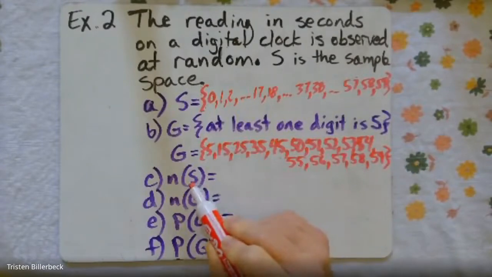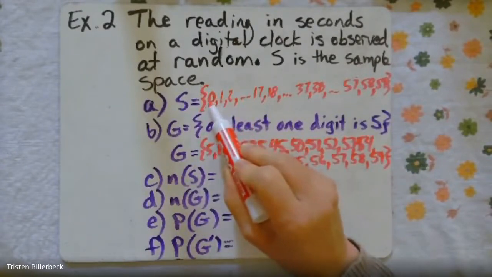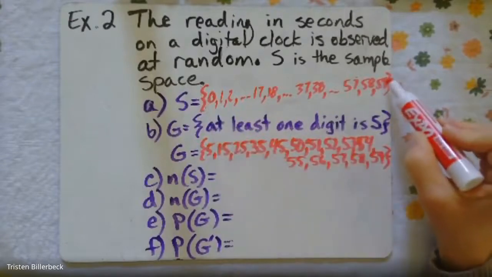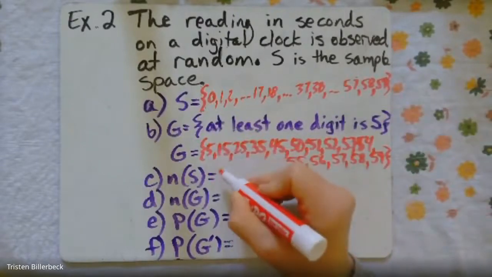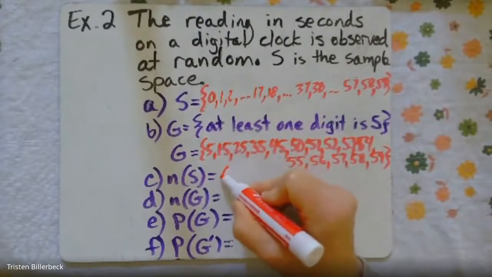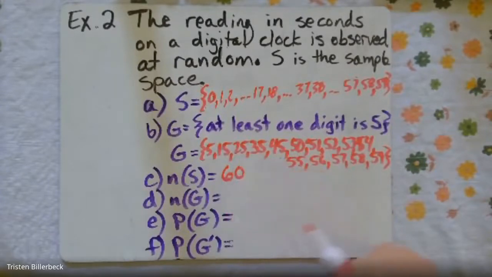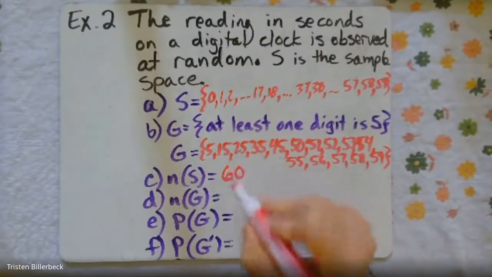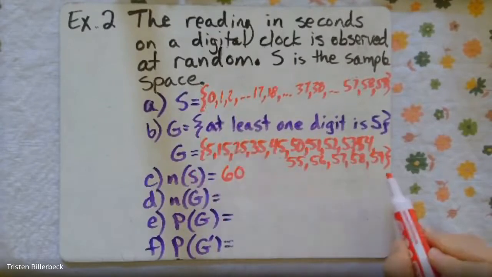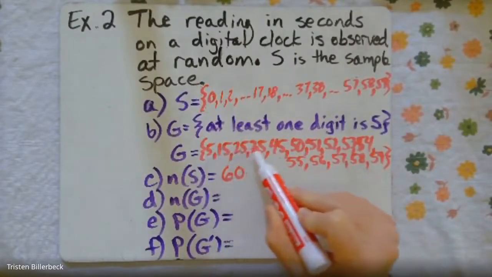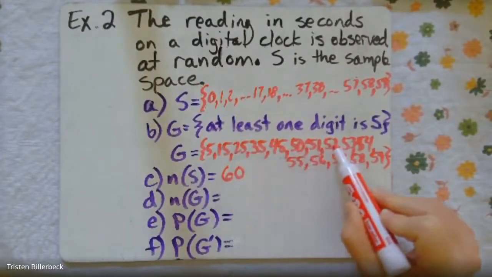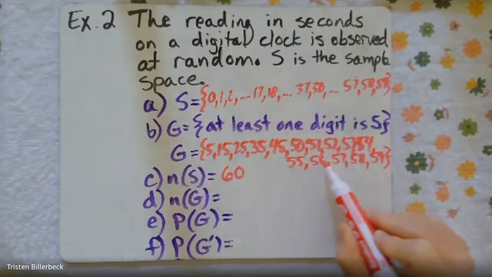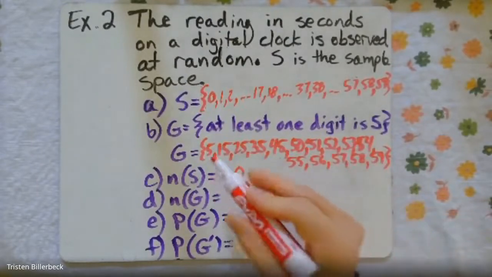So let's count the number in the sample space. Well, we're not starting at 1, we're starting at 0 and going to 59. So that's actually 60. And we know there's 60 seconds in a minute. And then we need to count G. So 1, 2, 3, 4, 5, 6, 7, 8, 9, 10, 11, 12, 13, 14, 15.